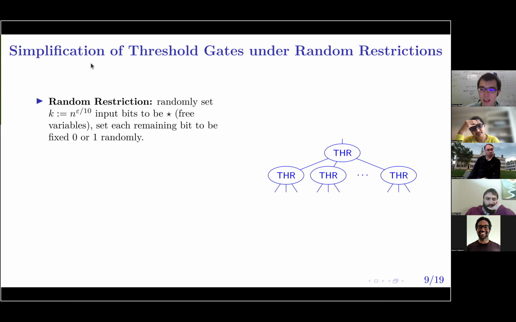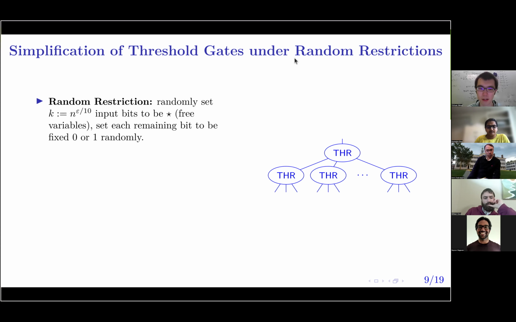Okay, so now what's the guarantee of random restriction when we apply random restrictions to linear threshold gates? We recall that the random restriction we consider needs a fixed number of free variables. So let's say we let k be n to the epsilon over 10.